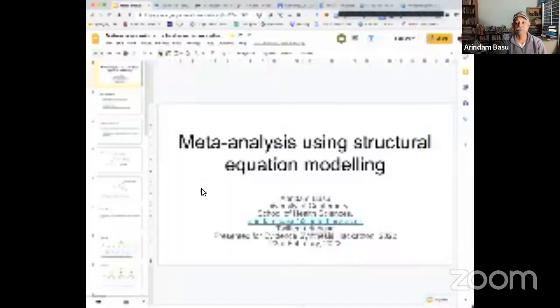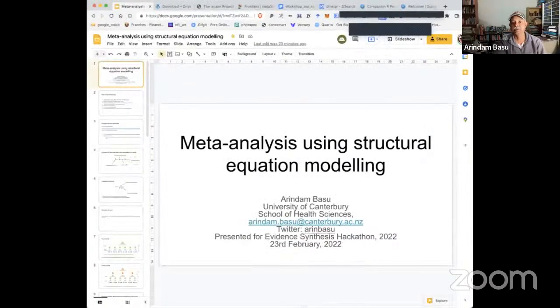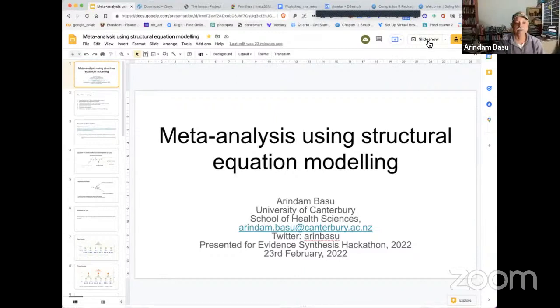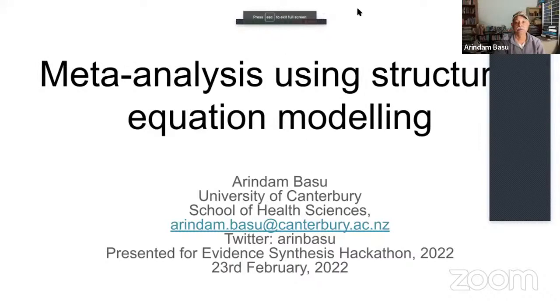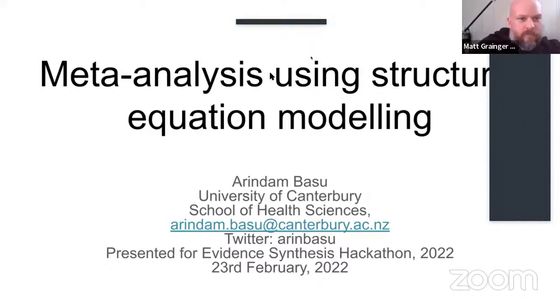Can you see my screen? Yeah, we can see your screen now. I will turn on a slideshow to start with, so that it becomes easy for you. I think I'll probably have to exit the full screen at some point.